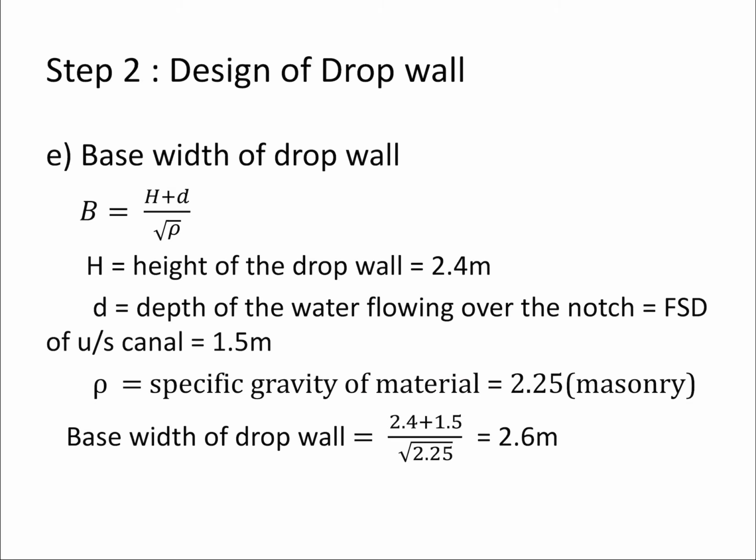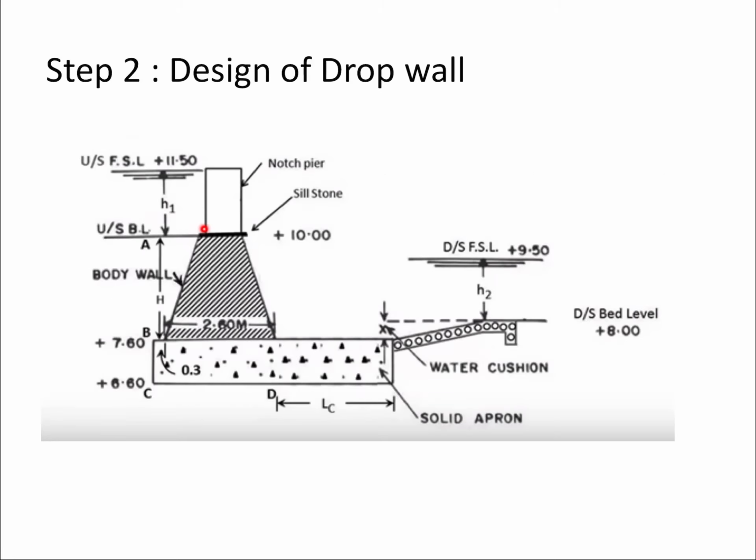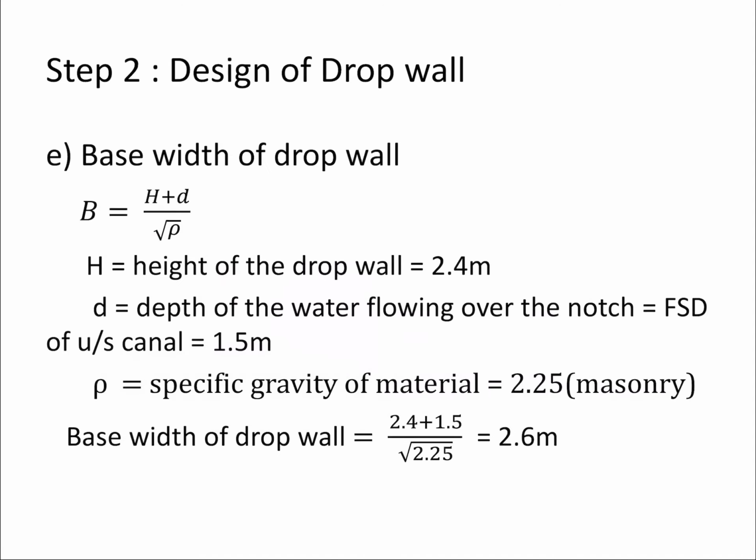So next we want to fix the base width of the drop wall. Here we have fixed the top width as 1 meter and the height as 2.4 meter in the previous slides. Now I want to fix the base width. For base width, there is an equation: b is equal to (h plus d) divided by root rho, where h is the height of the drop wall, which is equal to 2.4 meter, d is the depth of the water flowing over the notch, the FSD of the upstream canal, which is equal to 1.5 meter, and rho is the specific gravity of the material.